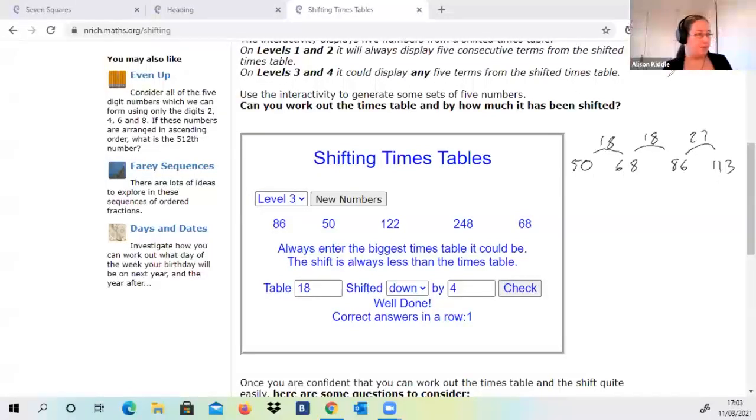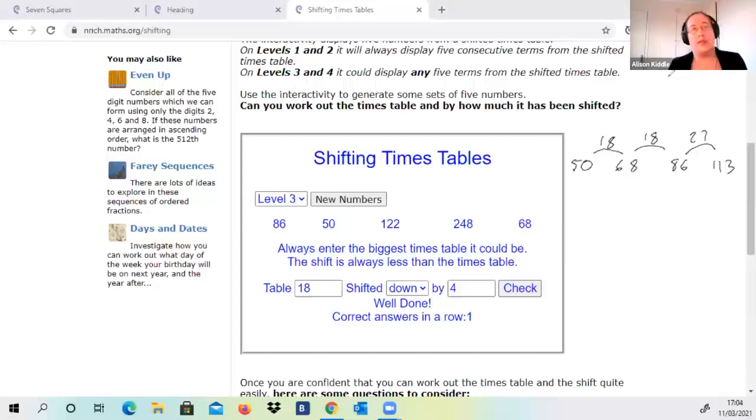Yeah. So I think one thing that I want to say before we move on from shifting times tables is that I think this is really nice for giving students, when they are first meeting the idea of linear sequences, a language to talk about linear sequences which relates to their prior understanding.